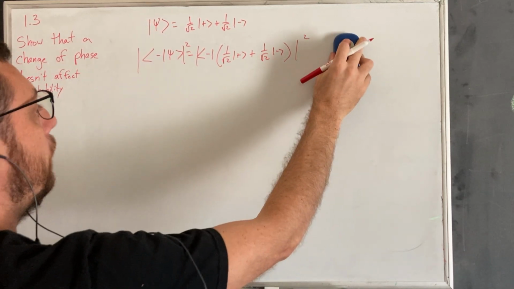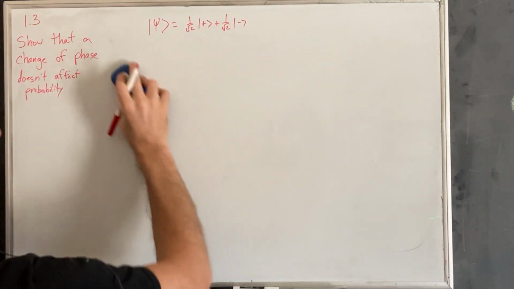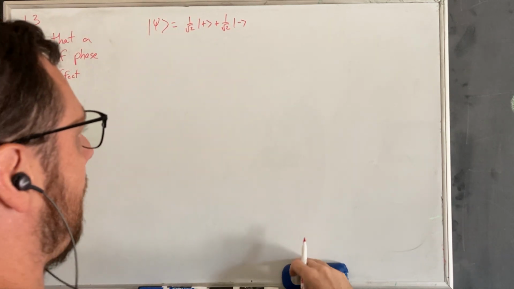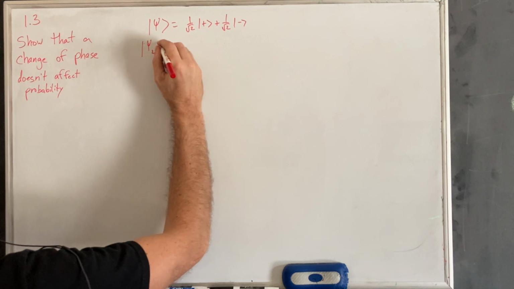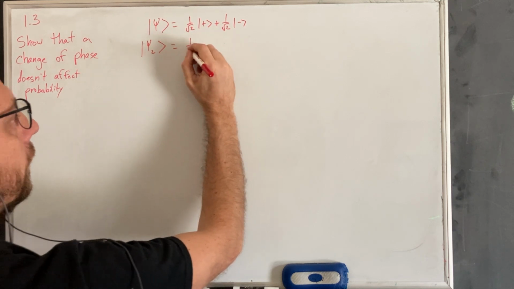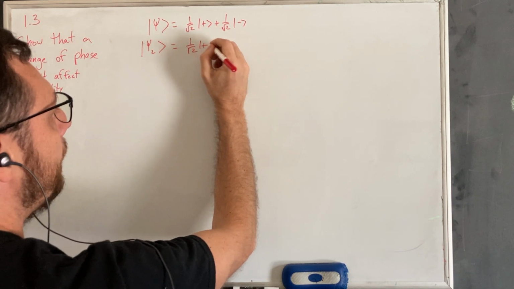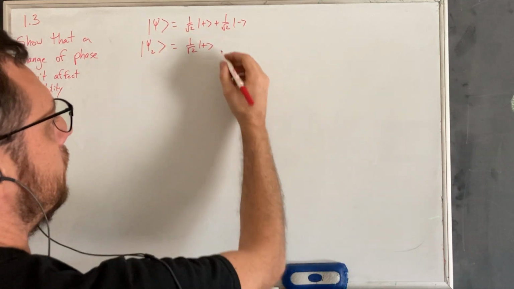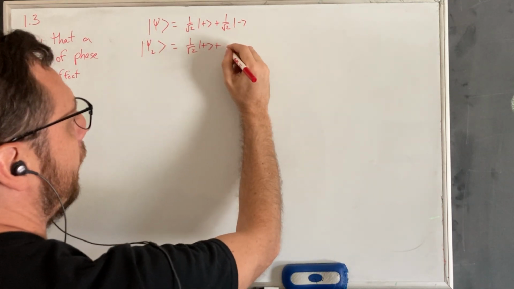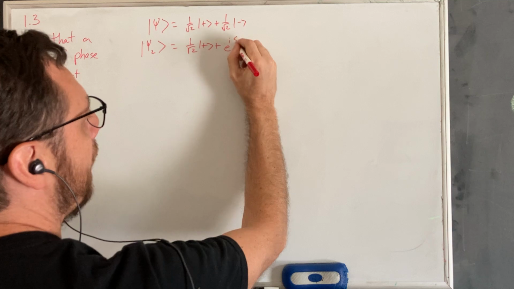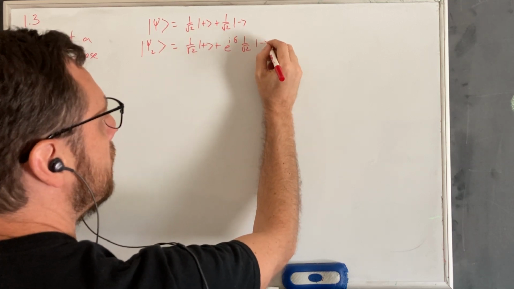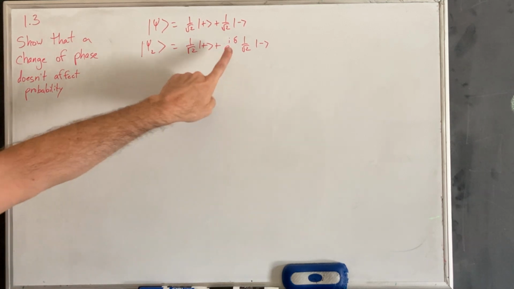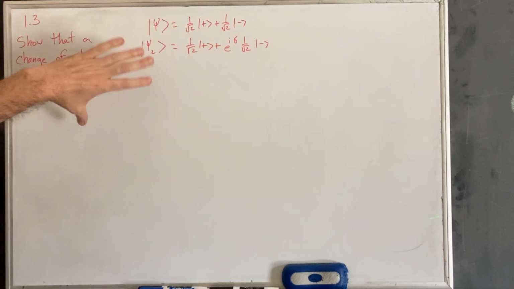So what this question is asking is, if we were to add a phase to this, prove that the probability doesn't change. So let's go ahead and change this to, let's say, psi 2 equals 1 over root 2 up. And this is suggesting we use a phase of e to the i delta, 1 over root 2 down. And it's saying that proves that adding this phase here does not affect the probability.